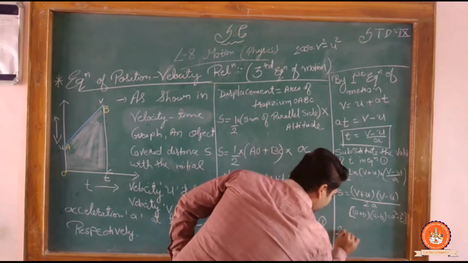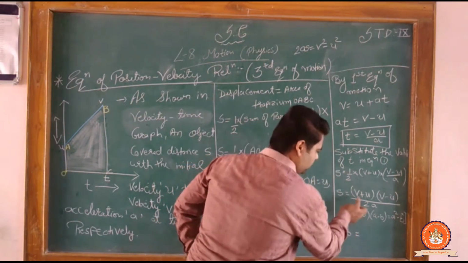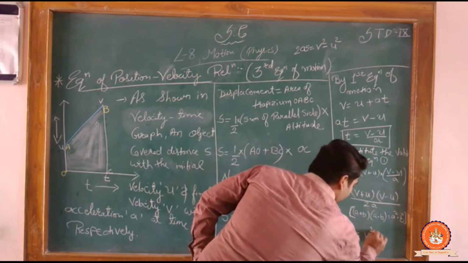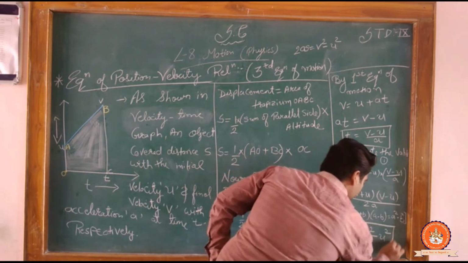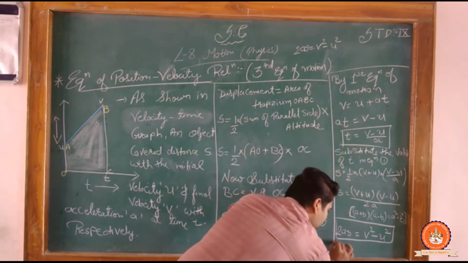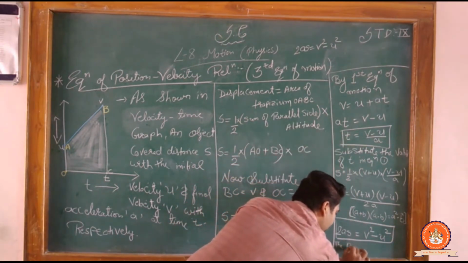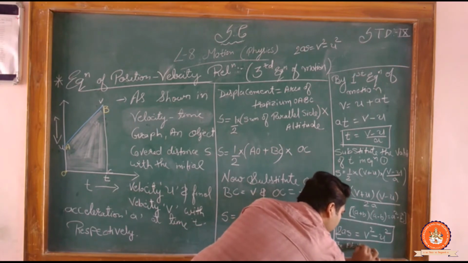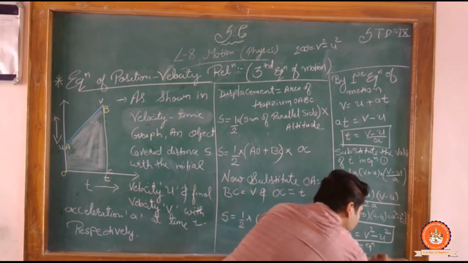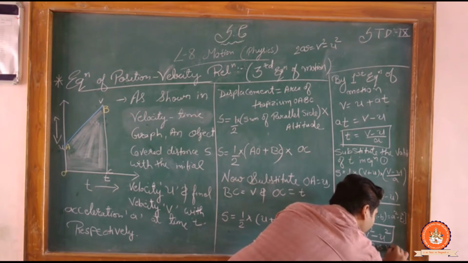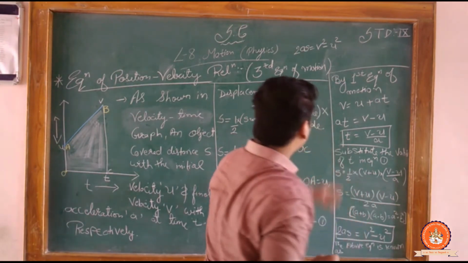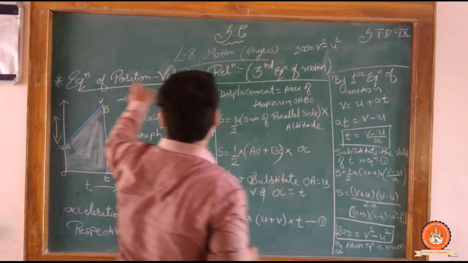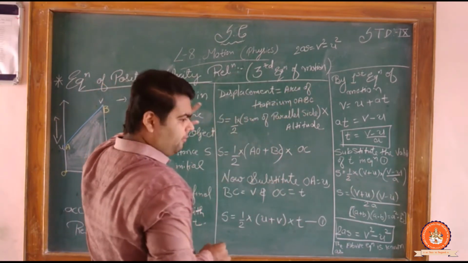So 2as is equal to v square minus u square. Clear? The above equation is known as the third equation of motion, or we can say the equation of position velocity.